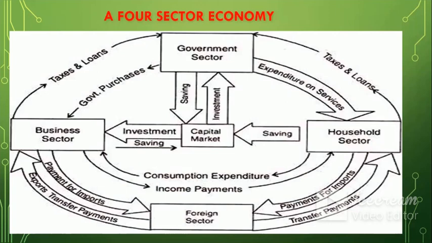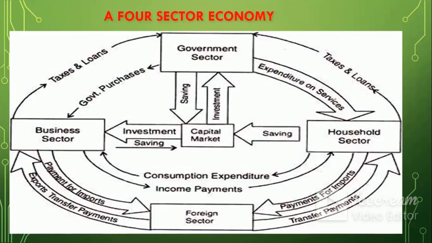And investment, government purchases, and exports on the left side are the injection in the circular flow, and that can be seen on the left side. These are injection on the left side, leakage on the right side.